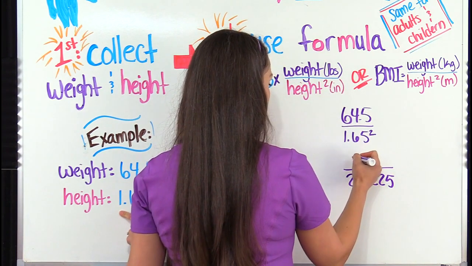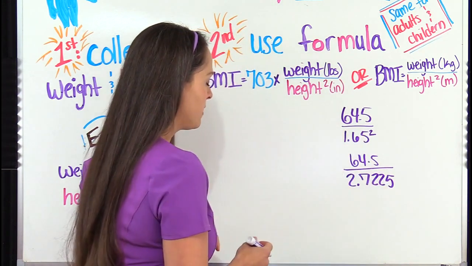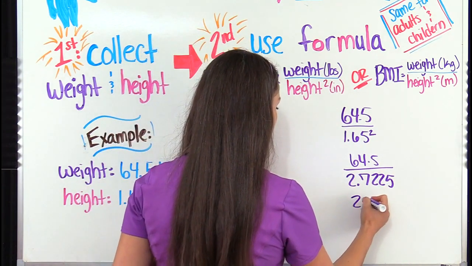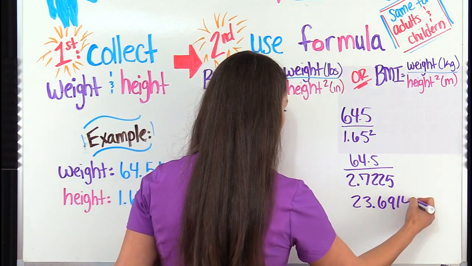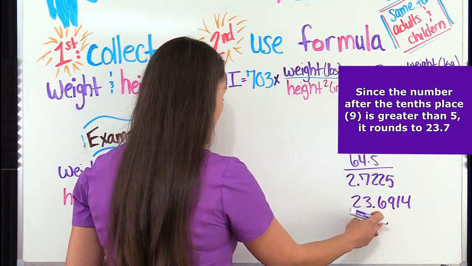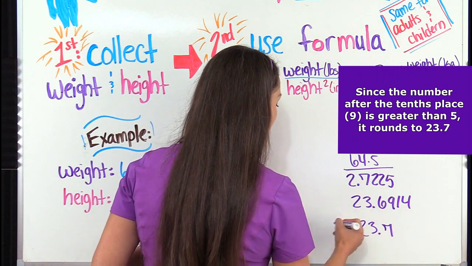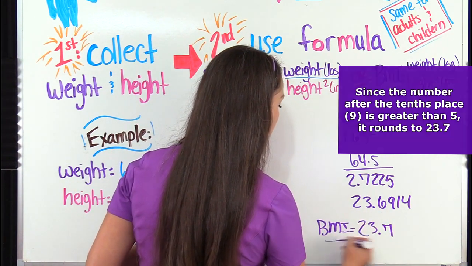And we're going to bring down our 64.5, and we're going to just divide that out. So whenever we divide that out, we're going to get 23.6914, and we're going to round to our nearest 10th, that 1st decimal point, and that's going to give us 23.7 as the BMI of our patient.